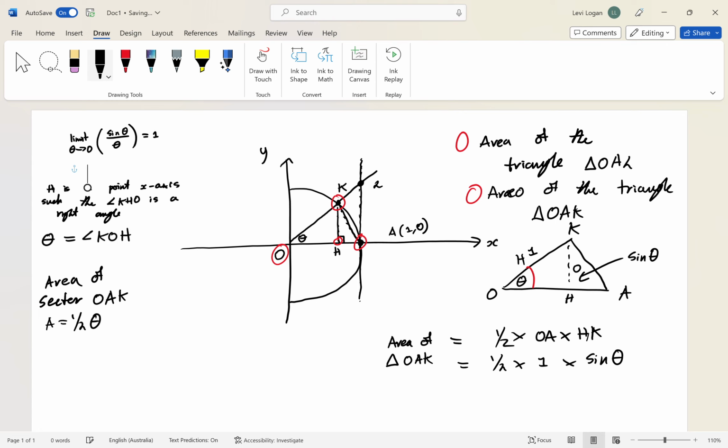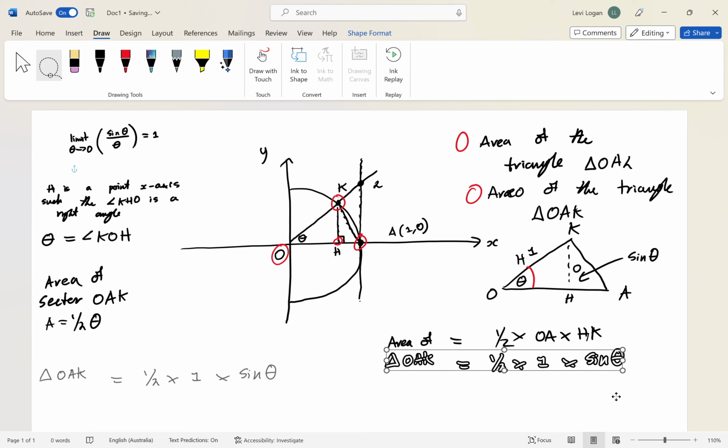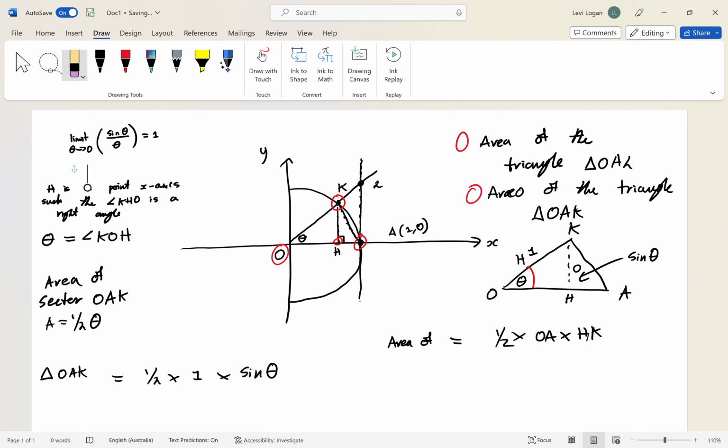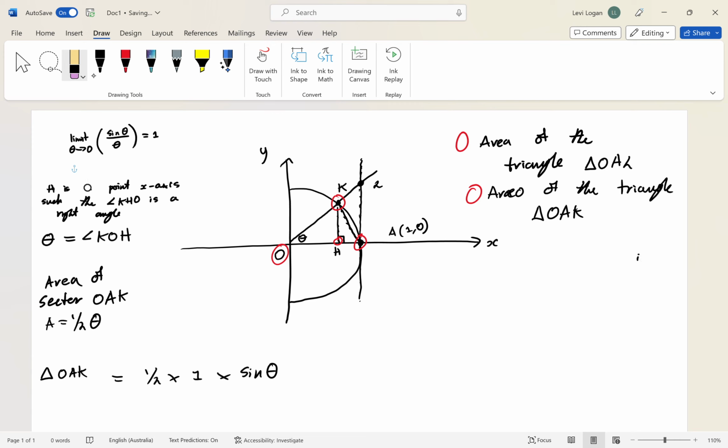So now we have an actual expression for the area of the triangle OAK. Okay? So I'm going to move all of this stuff over here. And I'm going to rub this out. Okay? So we found that.